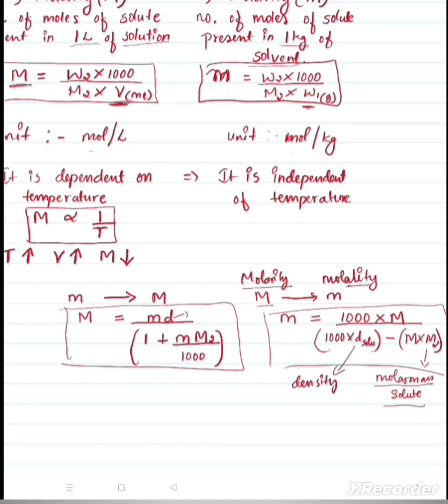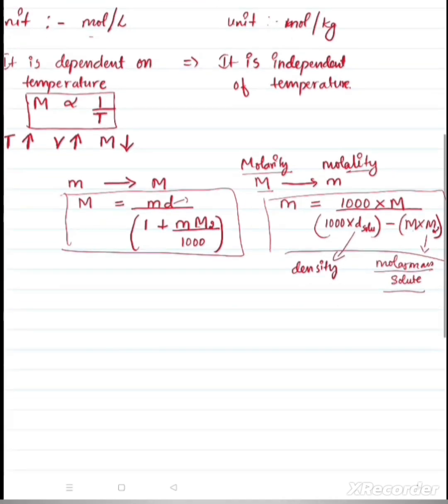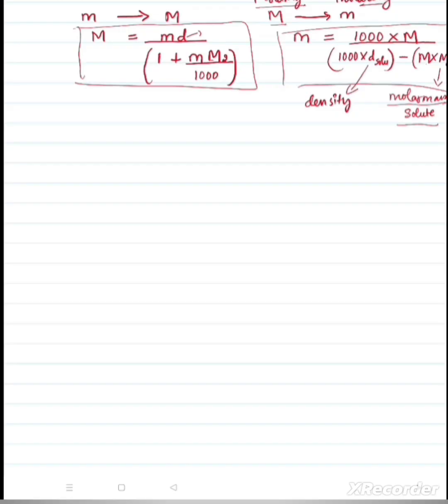The next term under these concentration terms, the third one, is mole fraction, which will be denoted by chi. Okay, so how to define this one?